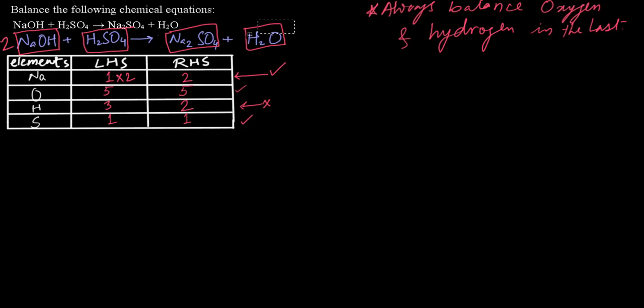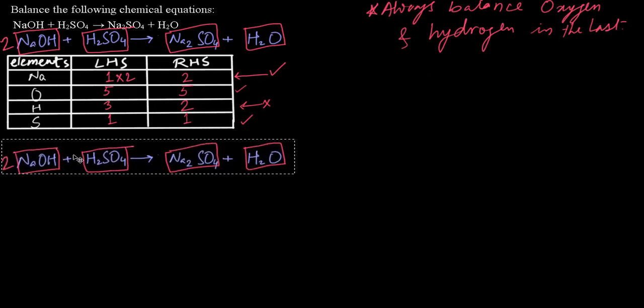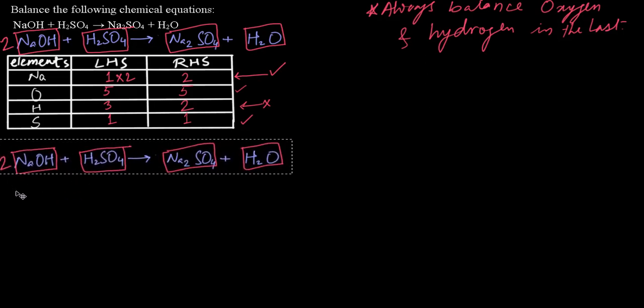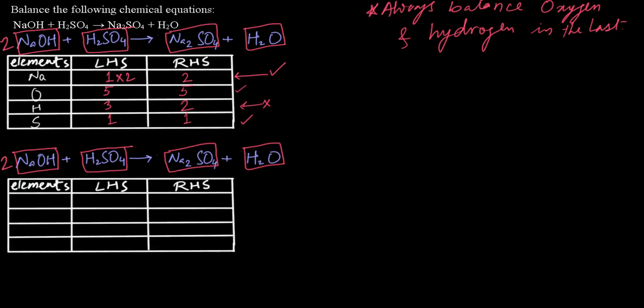I'll just copy this equation. Now this is our modified equation. We have taken 2 molecules of sodium hydroxide. Now let us count the number of atoms on both sides again. We have the elements sodium, oxygen, hydrogen and sulfur.